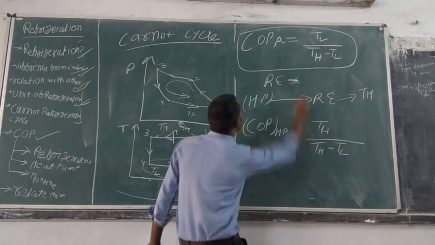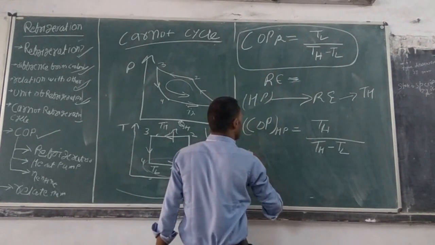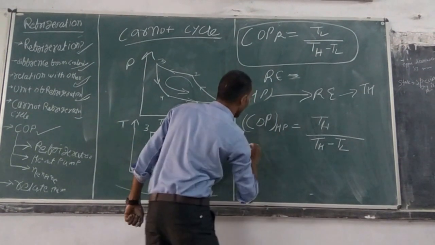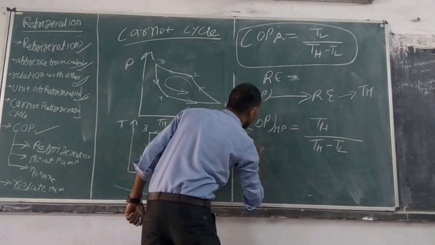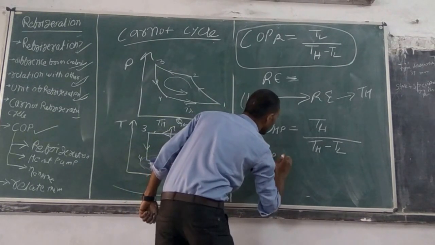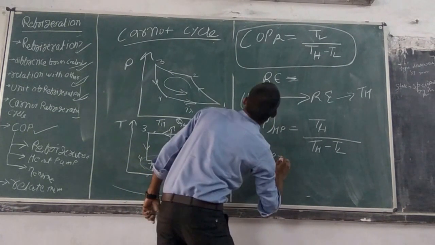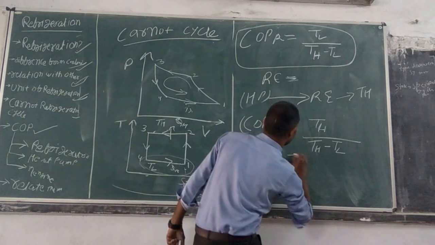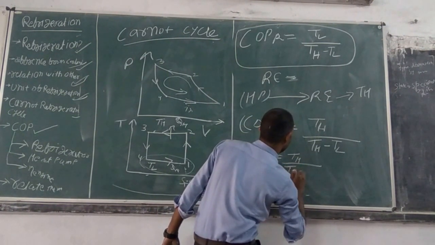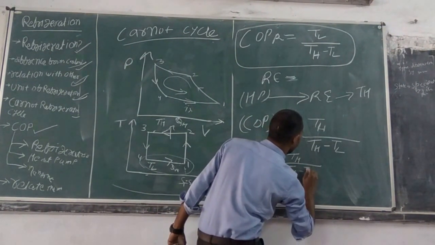So if we relate the COP of heat pump and COP of refrigerator, this is TH upon TH minus TL.